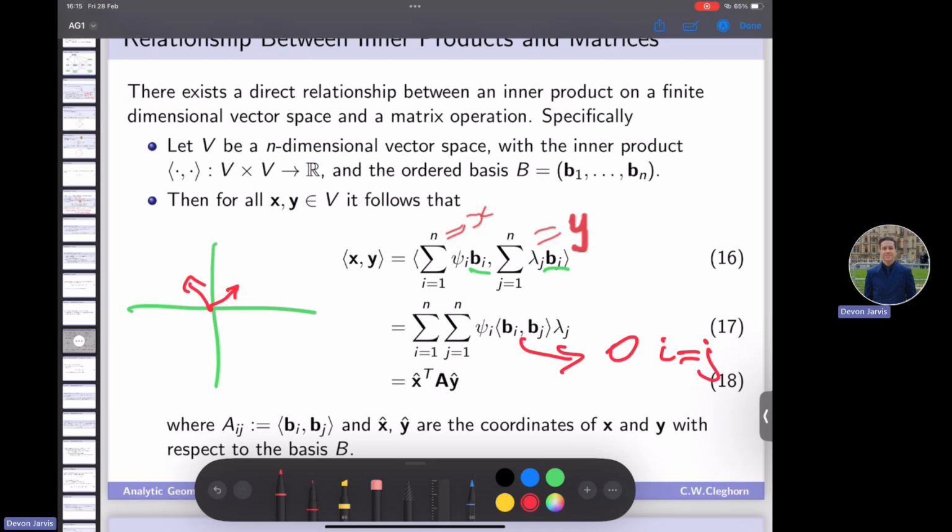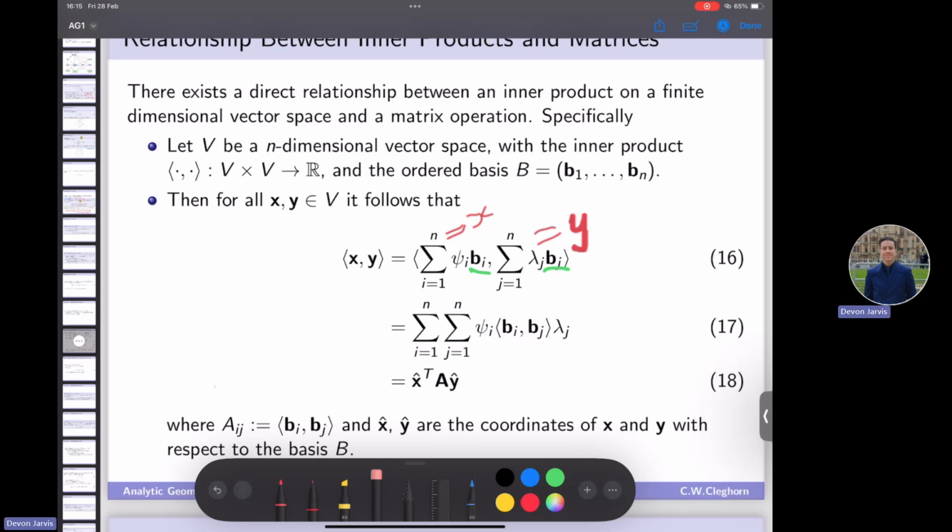And if they have unit length, then b_i b_j will be equal to 1. That's only in the special case of your basis vectors being 90 degrees to each other and having unit length.